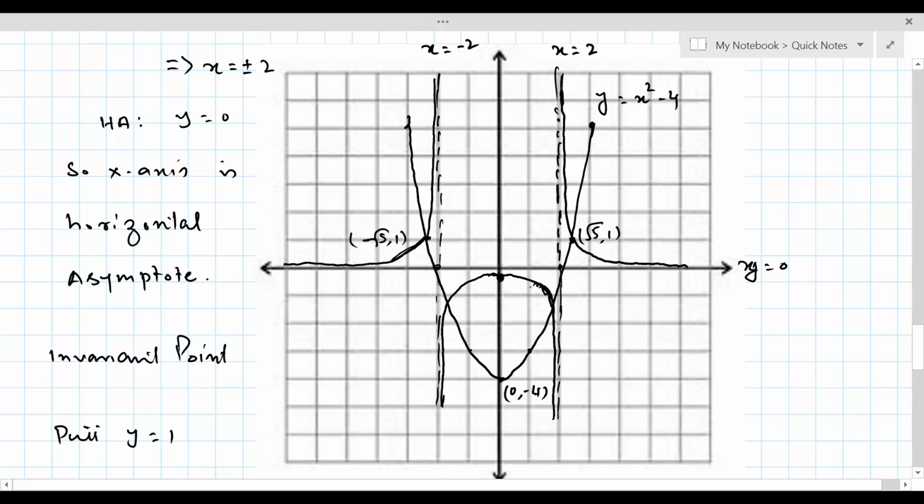So this is graph of y is equal to 1 over x squared minus 4. And in fact, when you do this, use one color of pencil for the given equation of the function and use another color for drawing graph of the reciprocal function.